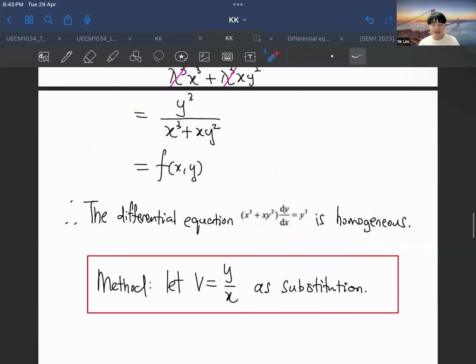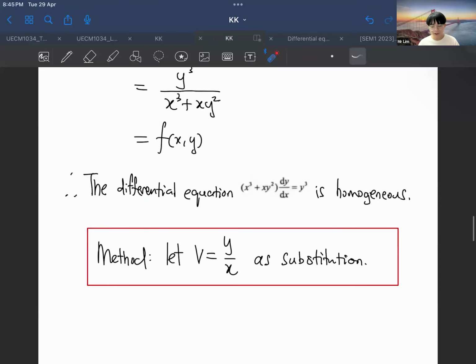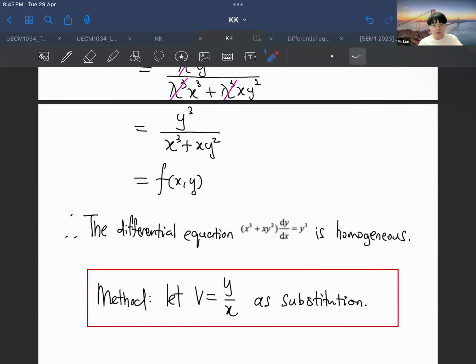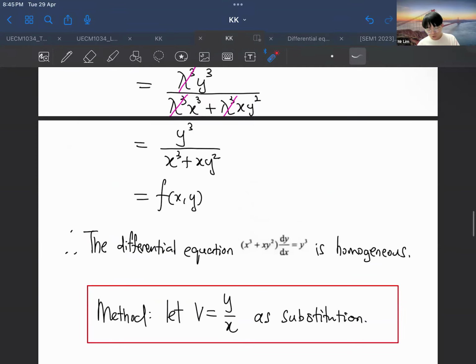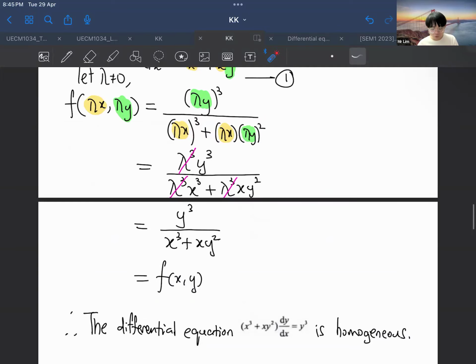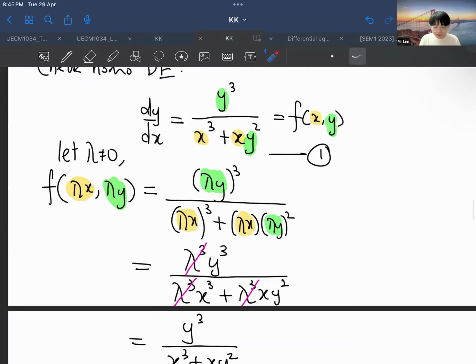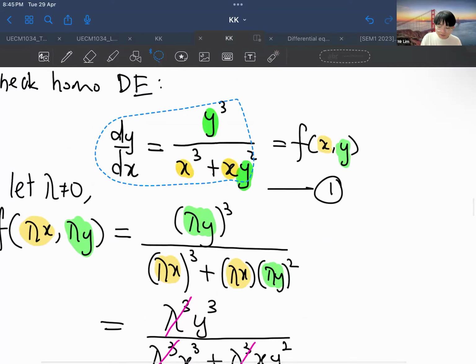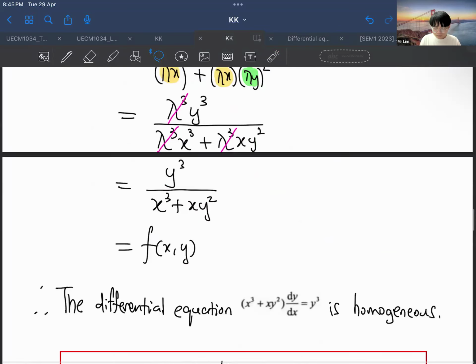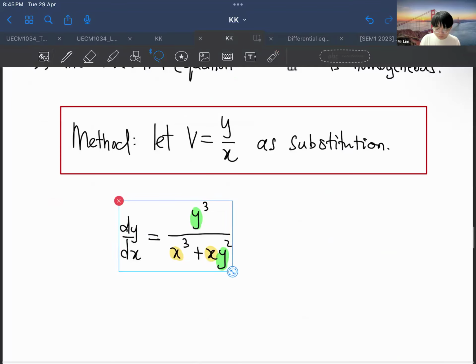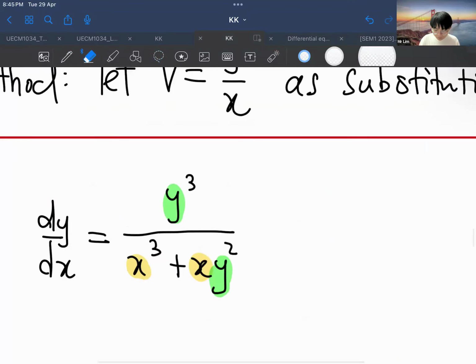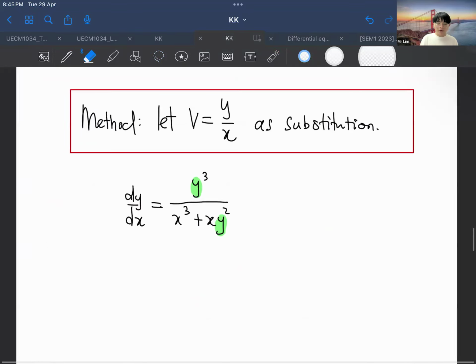Okay, now we back to this question. So now I already told you the method you can use is let v equal to y over x as substitution. Let's see how to do. Let me just copy back this differential equation. I just highlight my y only.